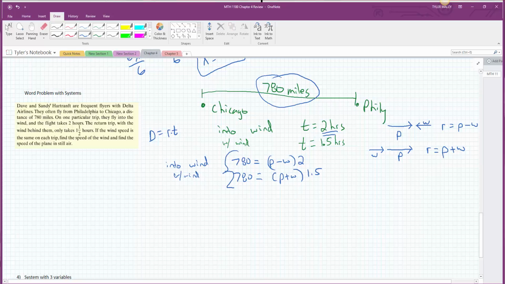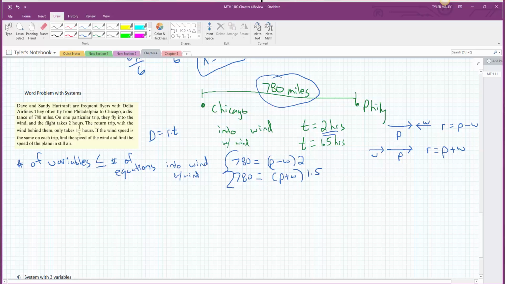And something important when we're doing word problems with systems is that your number of variables has to be less than or equal to the number of equations that you come up with. In other words, if I have 2 variables, I have to have a minimum of 2 equations. So if I have 10 variables, I must have a minimum of 10 equations in my system, or else I can't solve.